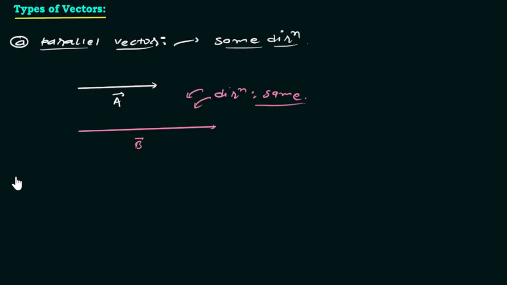The second kind of vectors are anti-parallel vectors. Anti-parallel vectors are those vectors which have opposite directions.